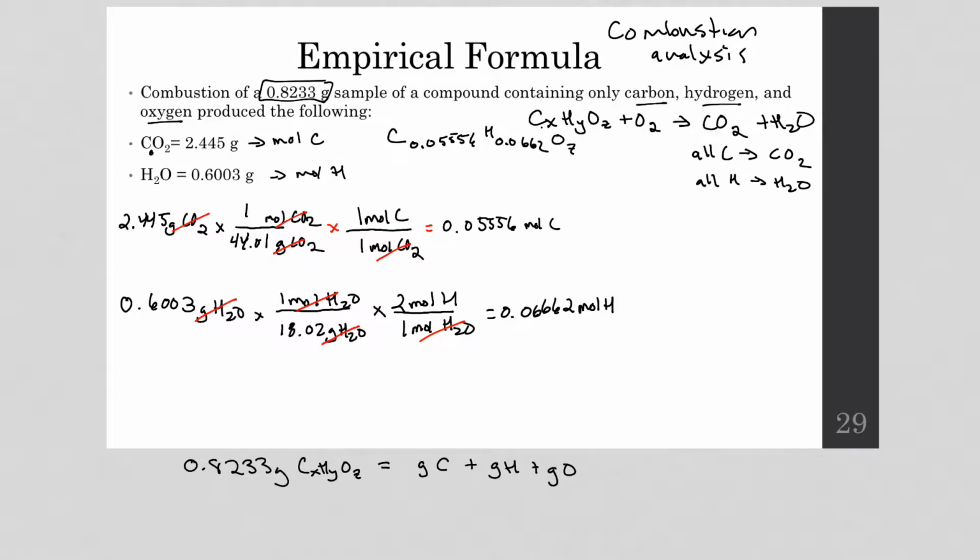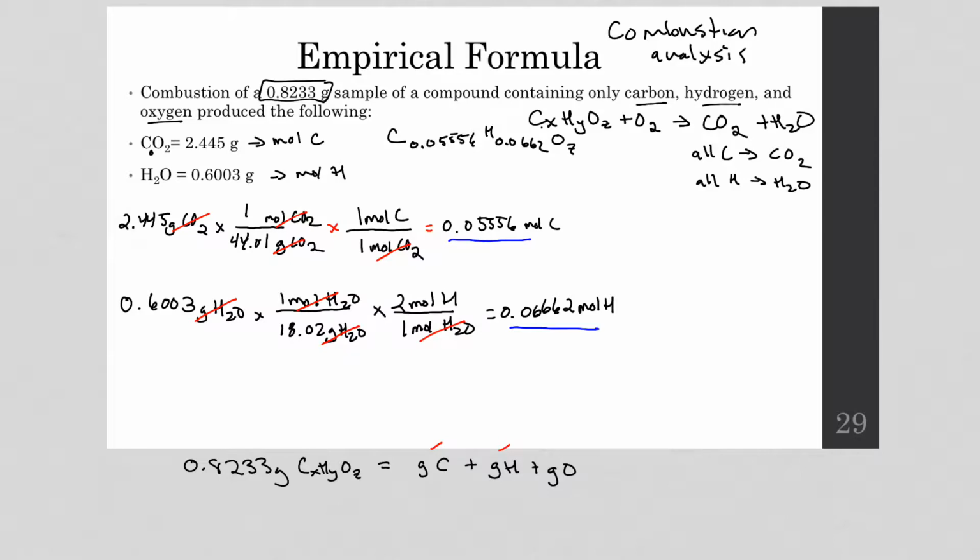Sorry, let me write this in a better order. Now, I have the ability to know what this one is and what this one is. So now that I know moles of carbon, I'm going to hold on to this number. I'm going to maybe use it later.